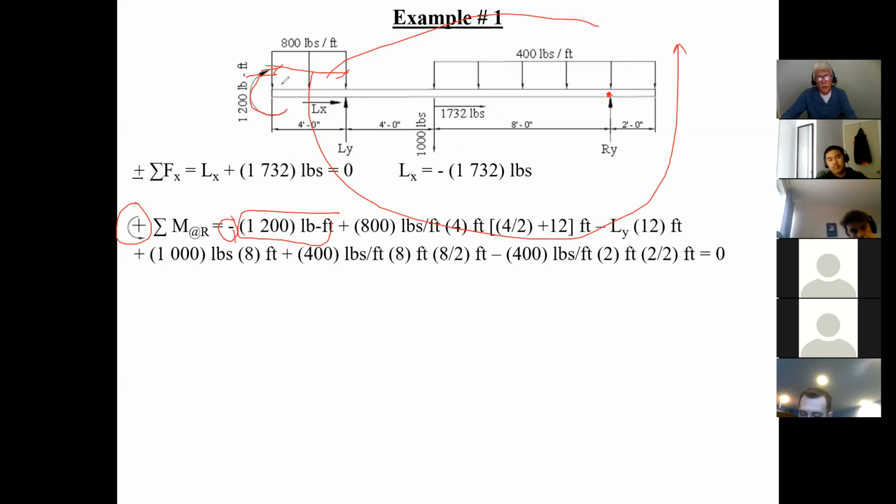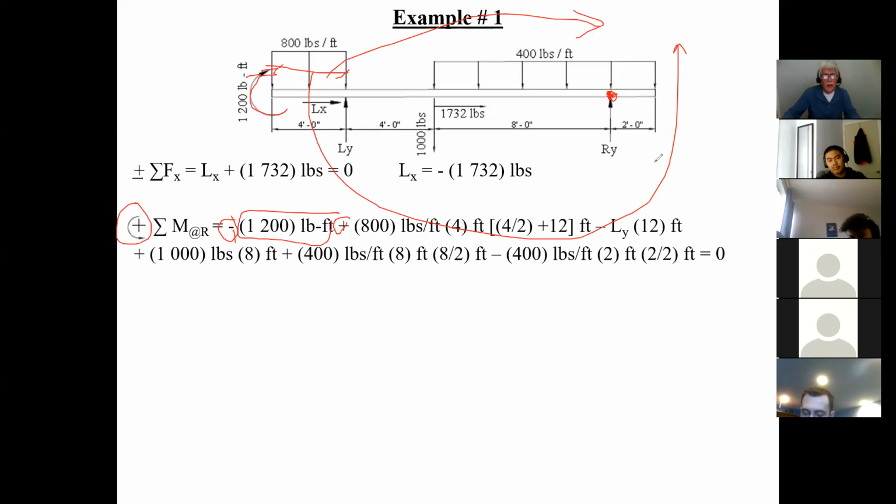Because I'm taking moments about R here, does this load want to rotate clockwise or counterclockwise? Counterclockwise. So what do I do in my equation? It's going to be positive. Put a positive sign. So guys, before you worry about anything else, you worry about your sign convention.